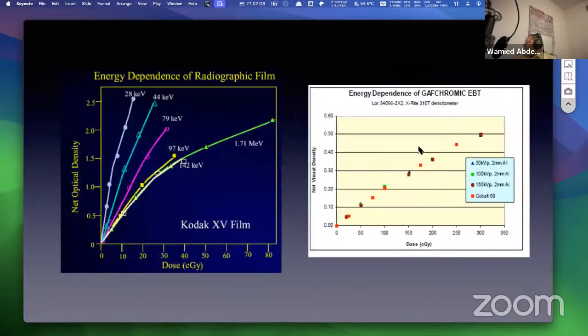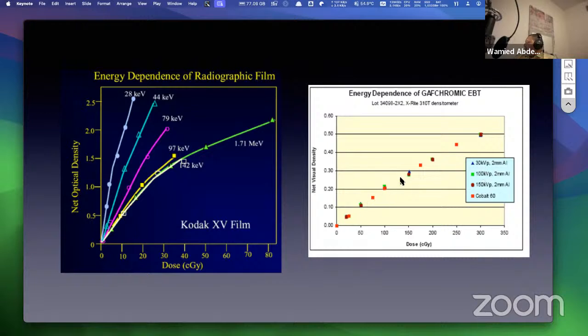These are two famous examples. Films. This is a radiochromic film, an EBT radiochromic film, and this is a calibration curve, the dose versus measured optical density. And these curves were obtained with multiple energies, over 60, 150 kV, and so on.